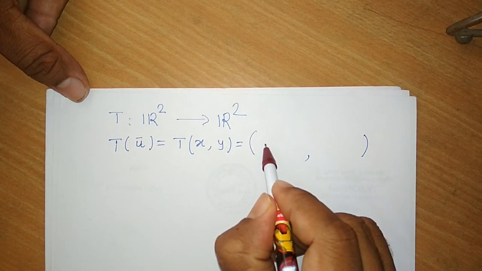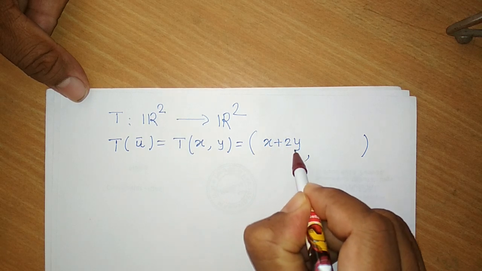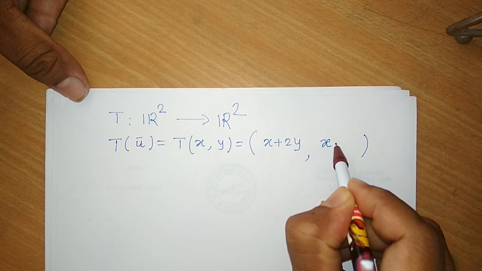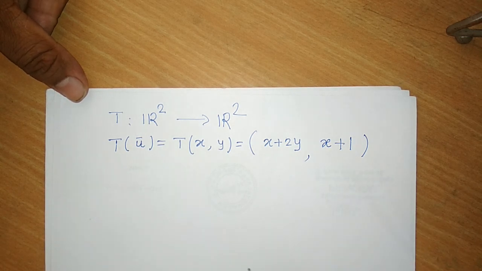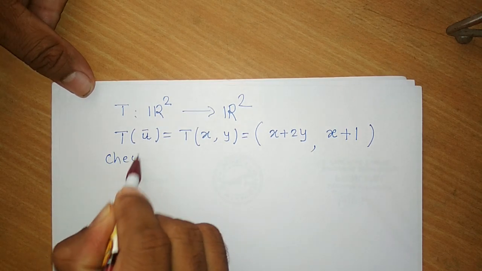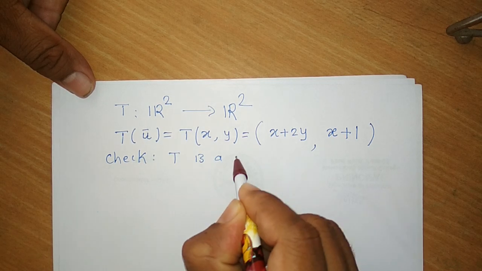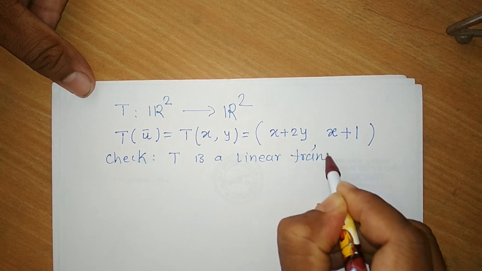Let us consider the first component to be x plus 2y, and the second component x plus 1. Consider the function in this way. Here we have to check whether T is a linear transformation.